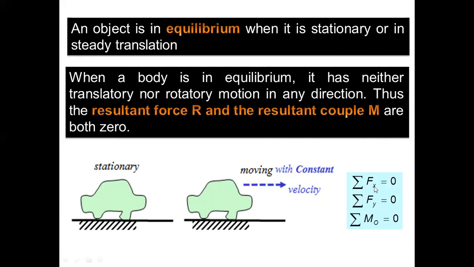So here we have summation of F_x equal to 0, summation of F_y equal to 0, and summation of moment equal to 0 when the body is at a state of equilibrium, which means that there is no change which occurs along any direction, including the rotation of an object. Now, when a body is in equilibrium, it has neither translatory nor rotatory motion in any direction. Thus, the resultant force and the resultant couple are both zero.